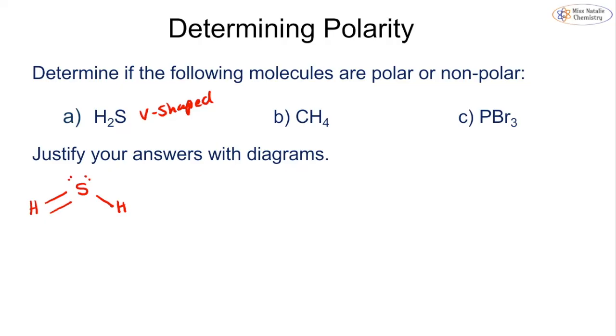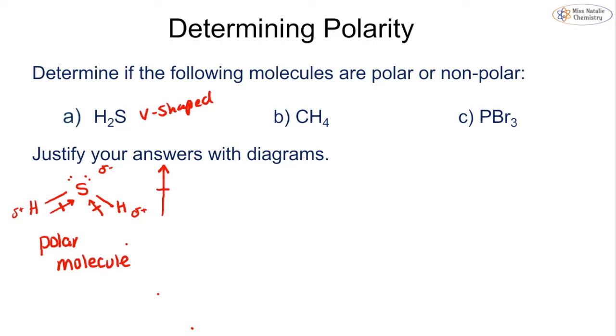So we get a dipole towards the sulfur on both sides. This causes the sulfur to become delta negative and the hydrogens to become delta positive. So overall, the dipoles are going to reinforce one another and we get an overall dipole. So this is a polar molecule.